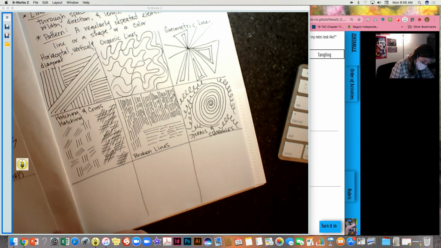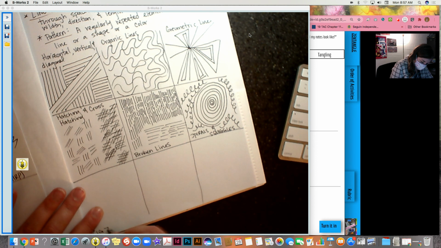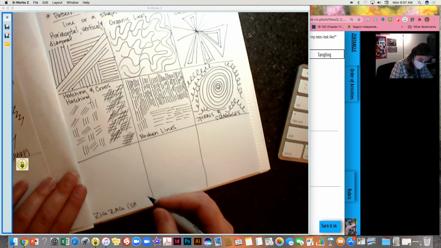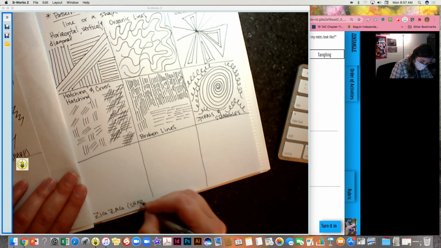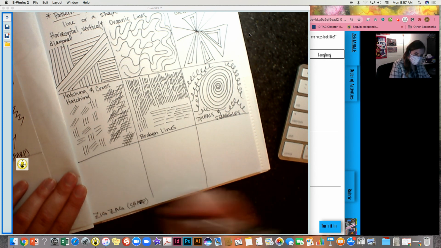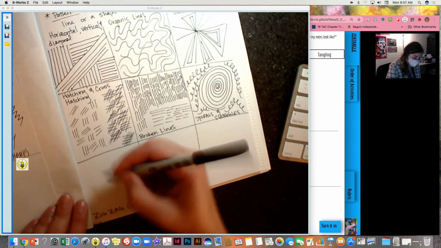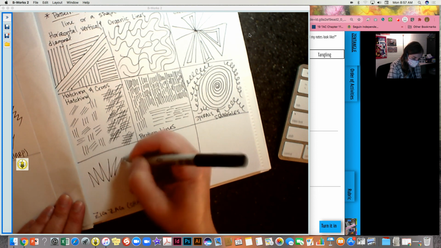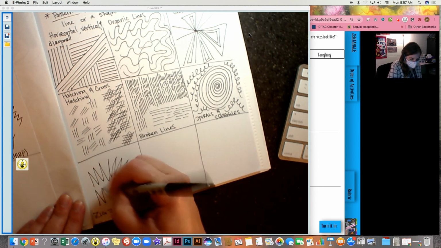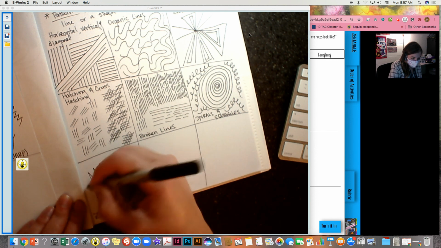Then you have zigzag. I'm going to draw a sharp zigzag. Sharp. Lines can be really expressive.